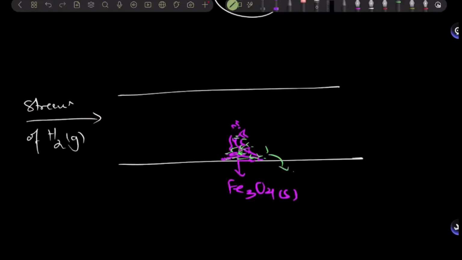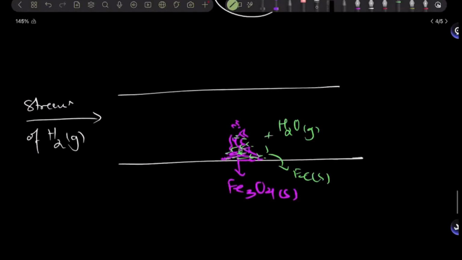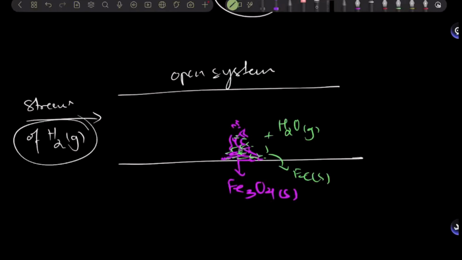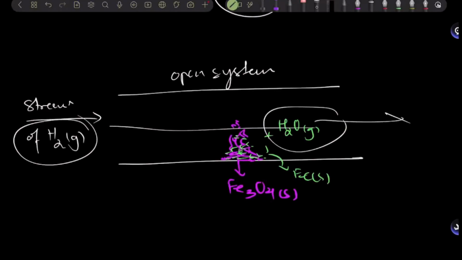It forms Fe solid, but the H2O formed is again in gaseous state due to high temperature. So the H2O formed over here, again, is in gaseous state and the system is an open system. This H2 stream will sweep away all the H2O formed and take it out of the system, right?